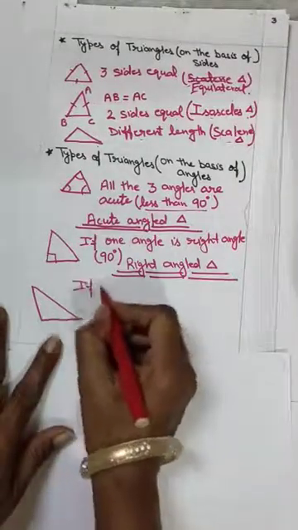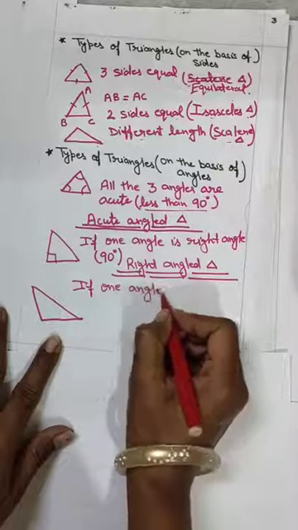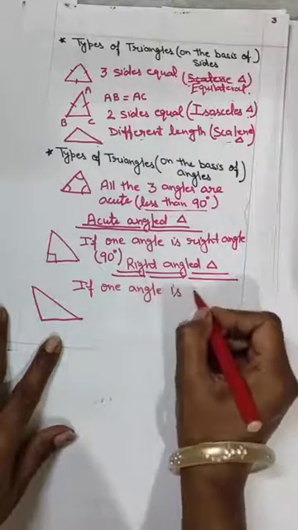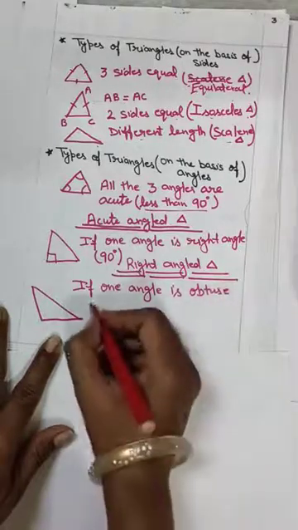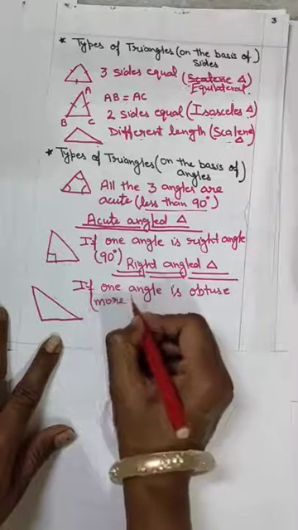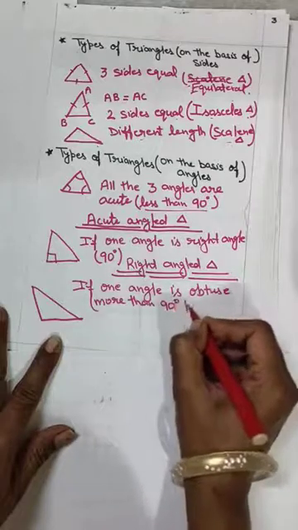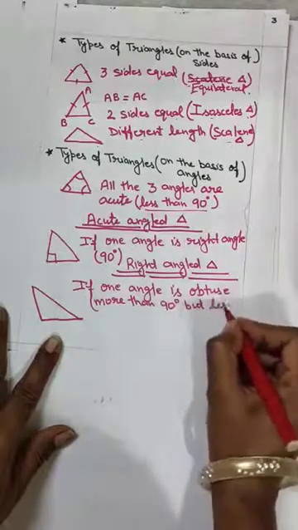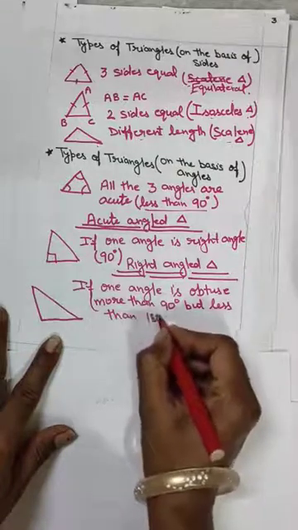If one angle is obtuse, obtuse means more than 90 degrees but less than 180 degrees.